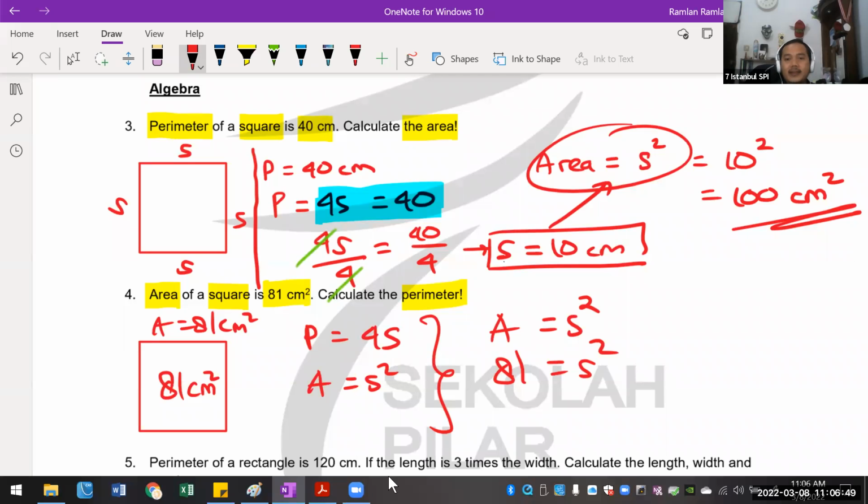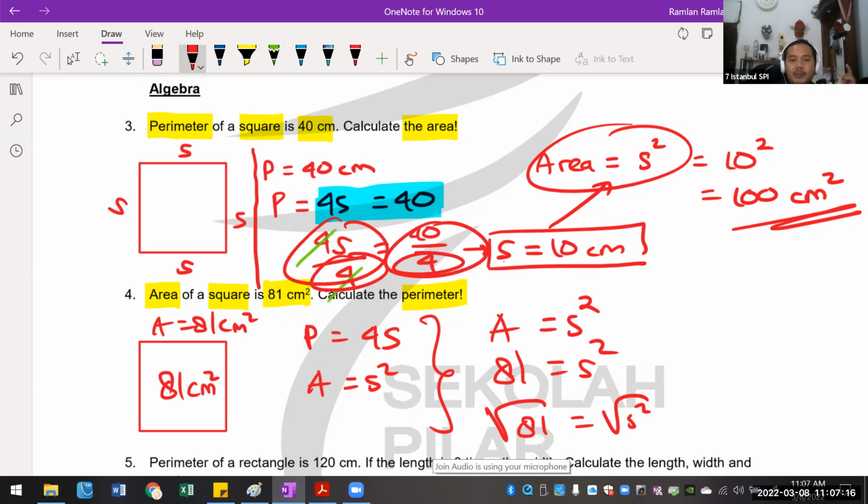So that means S is going to be 9. Actually, guys, I haven't taught you about the exponent, but I'm going to teach it here. When you have a square and you want to solve it as an algebraic equation, you square root both sides. Just like before, when we divided both sides by 4 because we wanted to remove the 4.